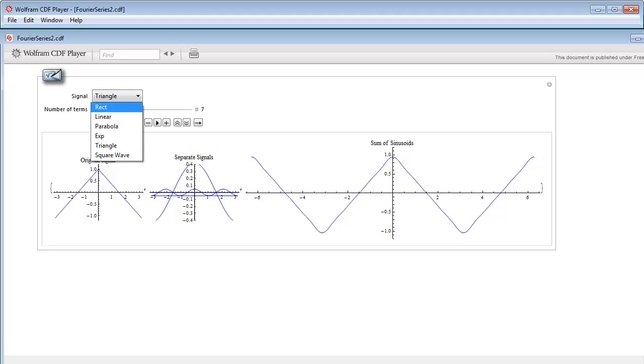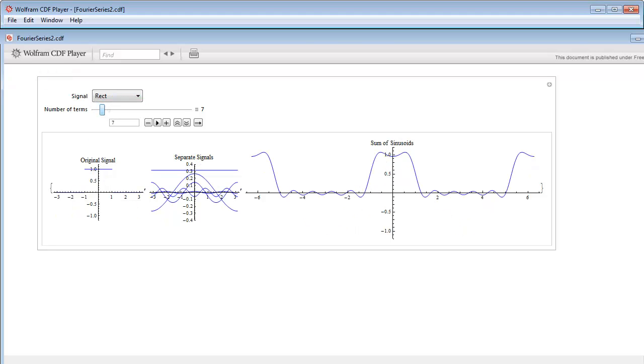The rectangle. So here's a discontinuity, just like was asked about. Let me start this at 0. Okay, so with one sinusoid, you approximate a square signal like that. By the way, the original signal here, it's hard to see. It's 0, and then it jumps up to 1, and then it jumps down to 0.